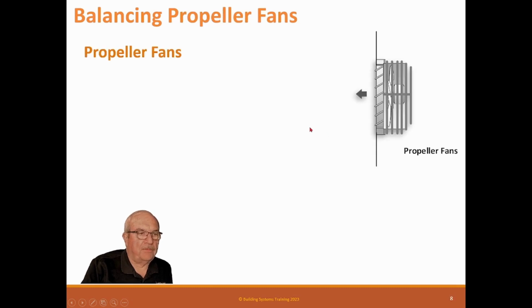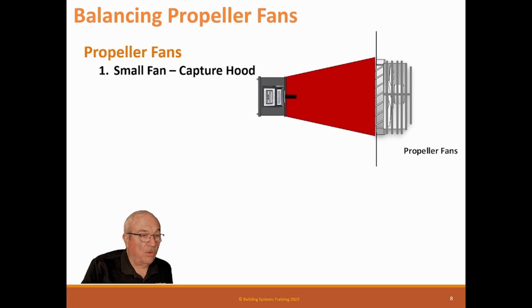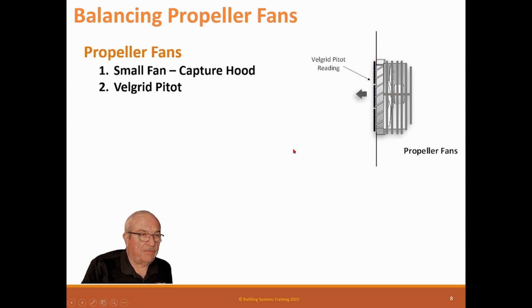All right, propeller fans are problematic, but if they're small, like a 12 by 12 or 18 by 18, you can actually stick a hood on it. That works pretty good. If they're bigger fans, you can use a Velgrid or a Velgrid discharge, or use a rotating vane anemometer. They work pretty good for these fans.